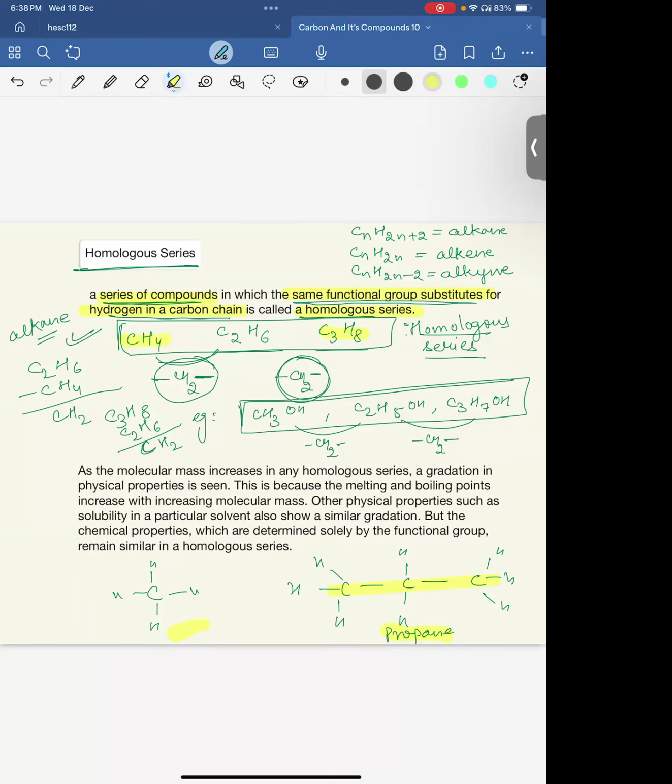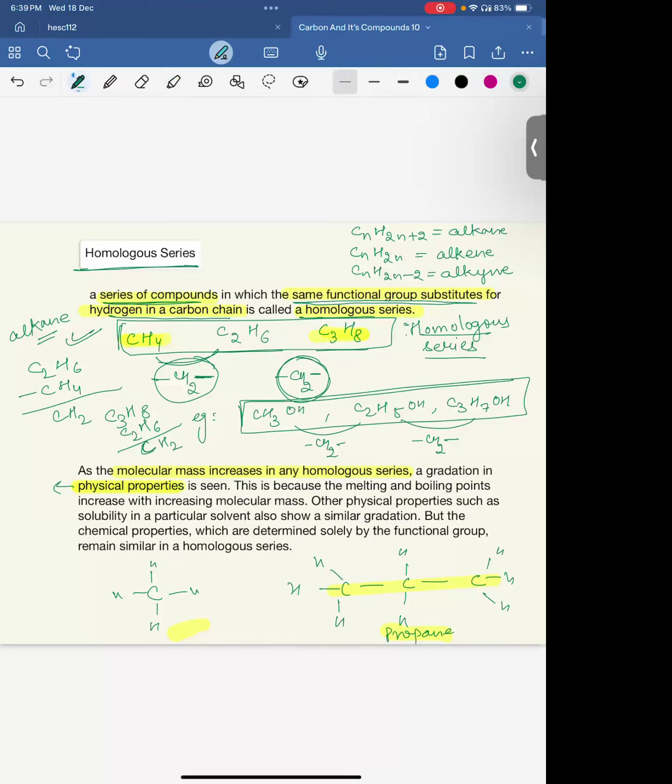Okay. So this explains the concept that molecular mass increases in a homologous series. We are moving from methane to propane. There is an increase in molecular mass, so we'll see a change in physical properties. What are examples of physical properties?